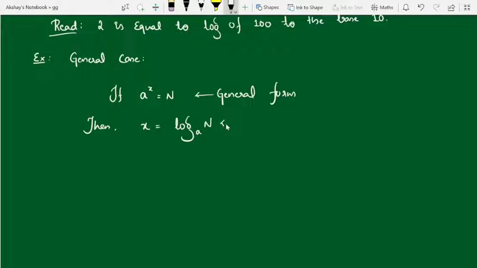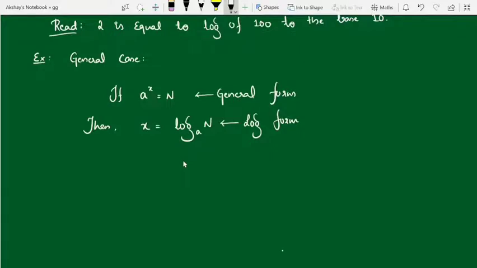This is the log format. In logarithmic form, x is equal to log n to the base a. How to read this? x is equal to log of n to the base a. Clear? So now we are going to see the next part of the logarithm.